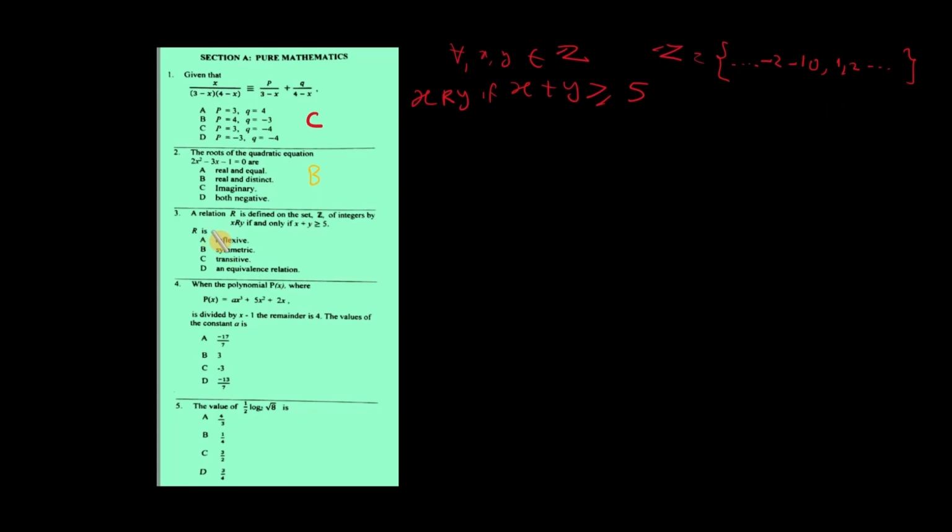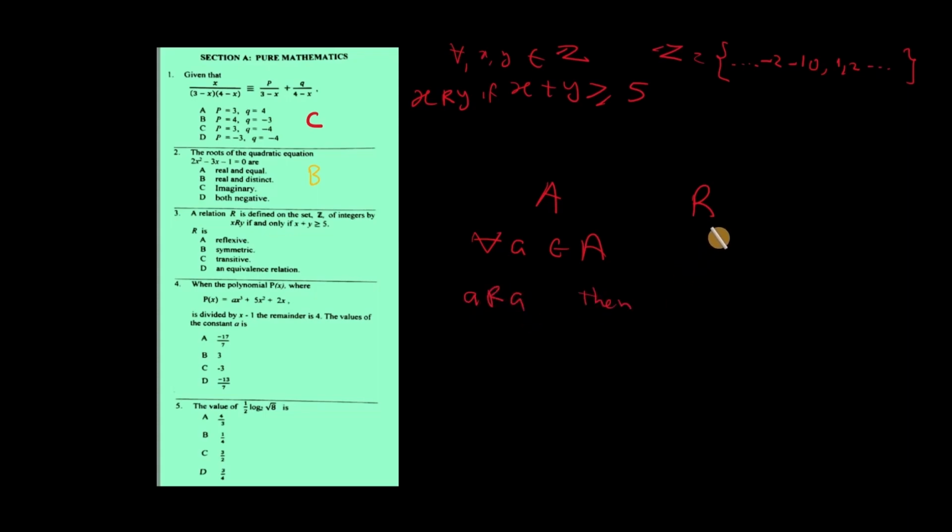They're asking if the relation R is reflexive, symmetric, transitive, or an equivalence relation. If we are given any set, let's say A, a relation R in the set A is said to be reflexive if, for all elements a belonging to the set A, a relates a.